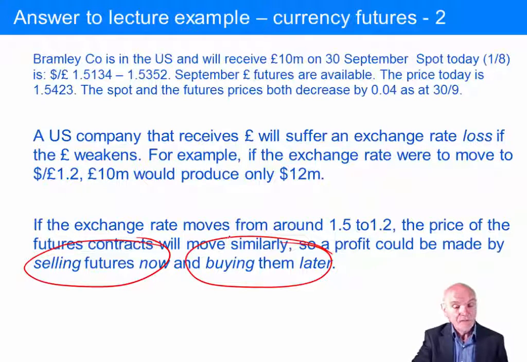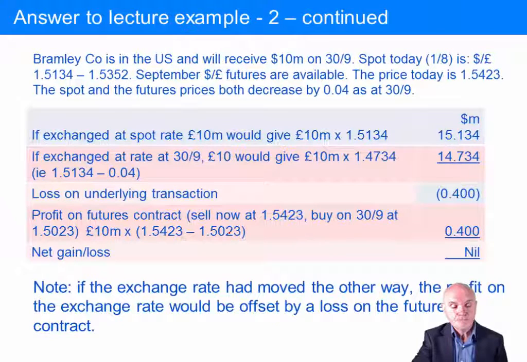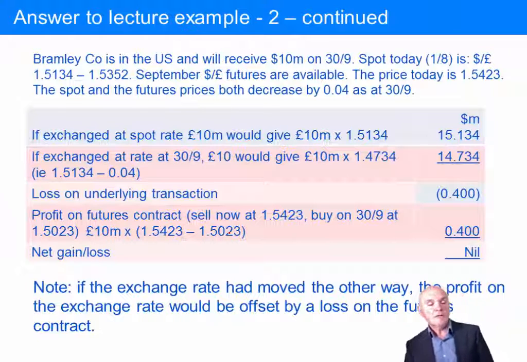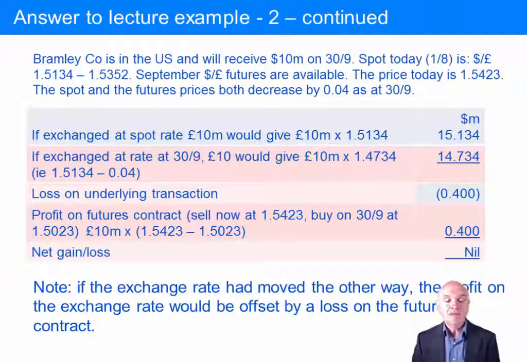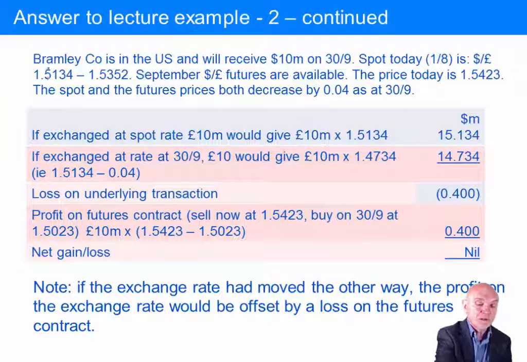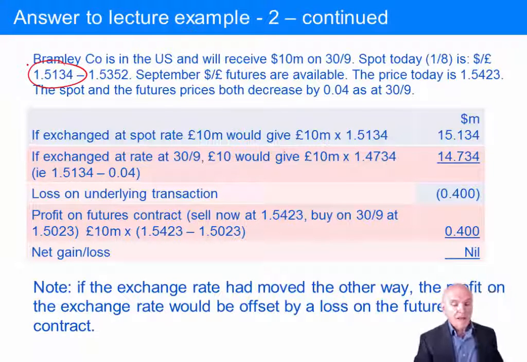So let's see this example. If we had our 10 million now and we changed it at today's rate, which we'd argued was this rate, then we are going to be getting 15.134. It's asked us to assume that the spot and the futures rates both decrease.